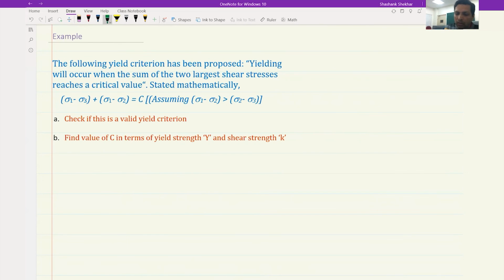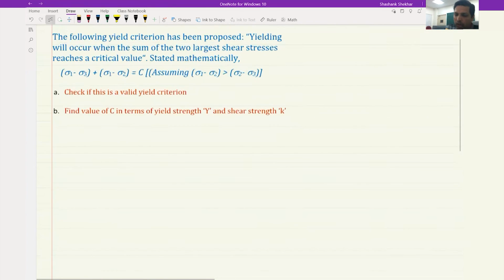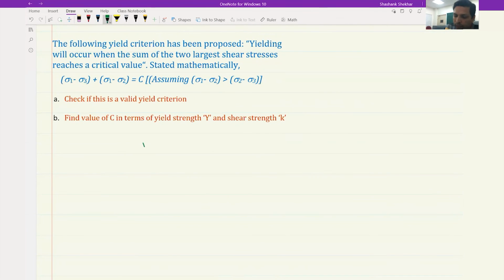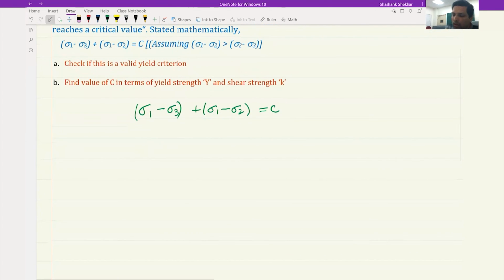So the first thing that we want to do is check if this is a valid yield criterion. And how do we do that? Sigma 1 minus sigma 3 plus sigma 1 minus sigma 2 equal to C. This is equation 1. Now, let's say we have applied hydrostatic stress.